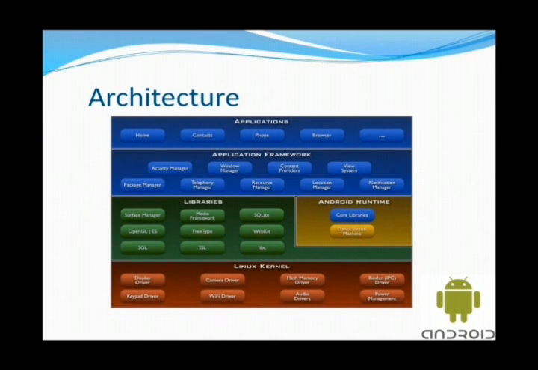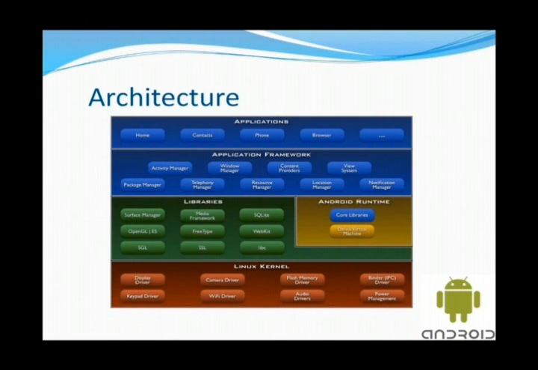Let's get a brief idea about the architecture behind Android. Application layer. Android applications are the uppermost layer of the Android architecture. Later on, we'll discuss Android applications. Application framework. Android provides an open development platform.